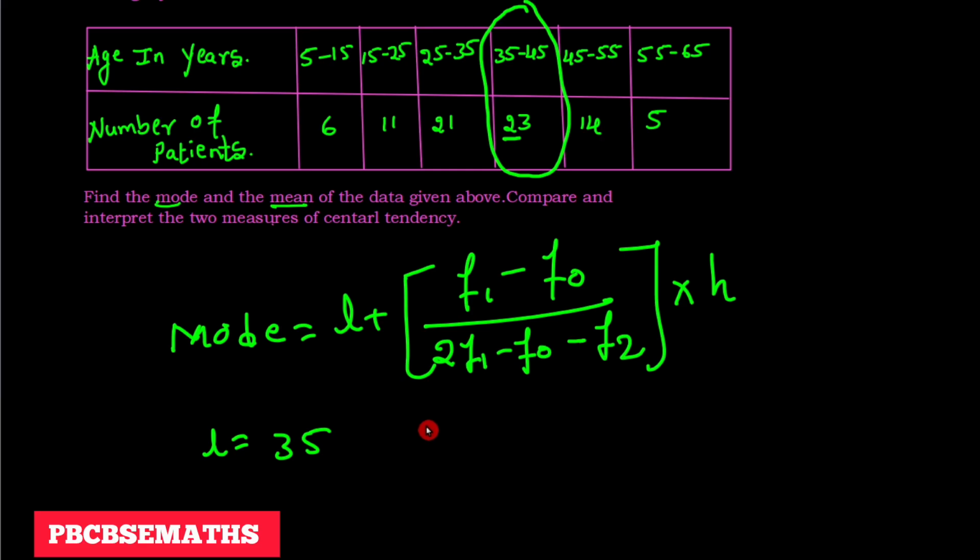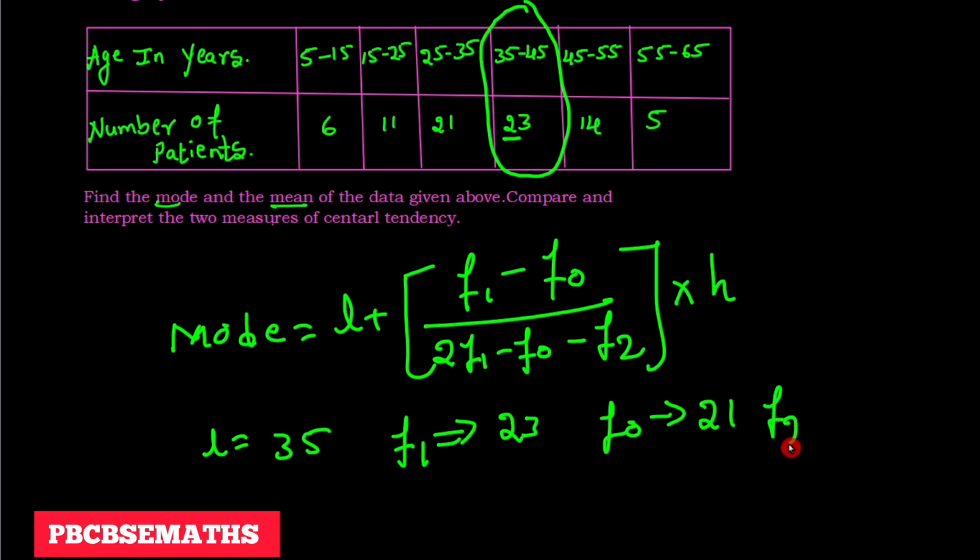Now let's find out the value of f1. So f1 is the frequency of this modal class, which is 23. Then f0, that is the frequency preceding this modal class, which is 21. So f0 is equal to 21.